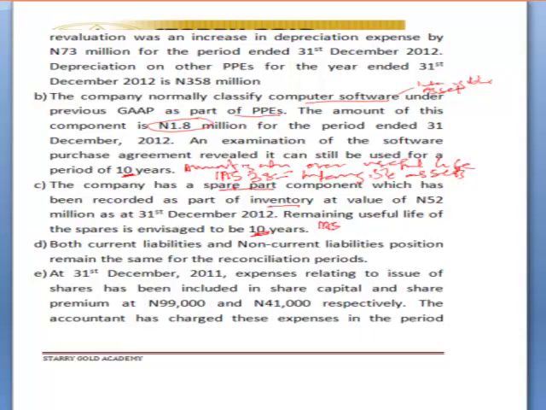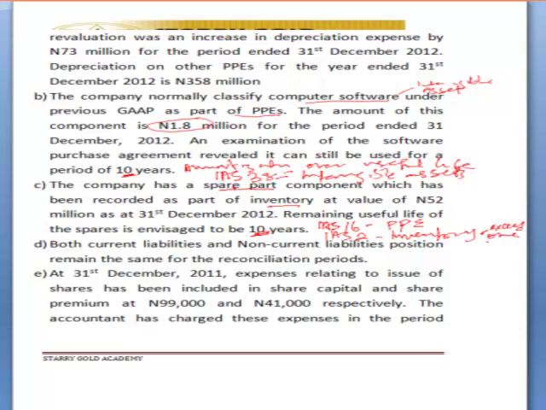The first position is IAS 16, which is on what? Property, plant and equipment. The second position is IAS 2, which is your inventory. So what the standard says about recognition of spare parts is that it should be recognized as inventory, provided the use of that asset does not exceed 1 year.